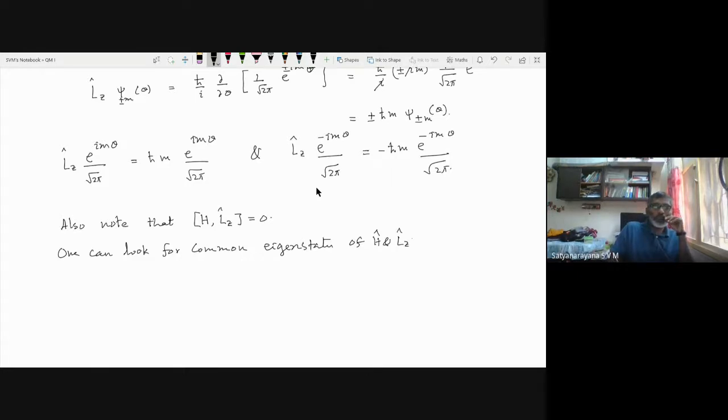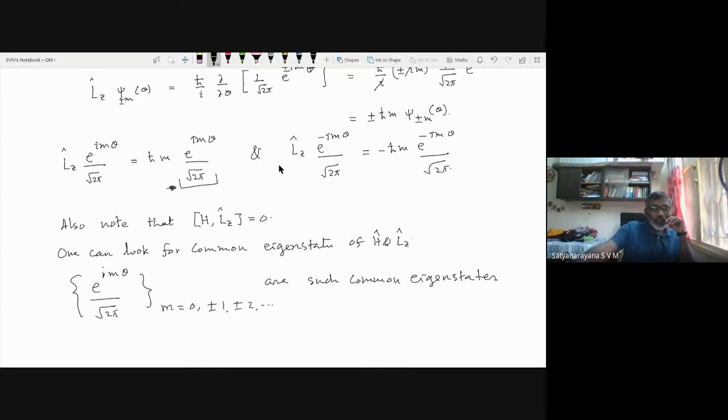For example, e to the im theta by root 2 pi, this set of functions with m equal to 0, plus minus 1, plus minus 2, etc., are such common eigenstates.